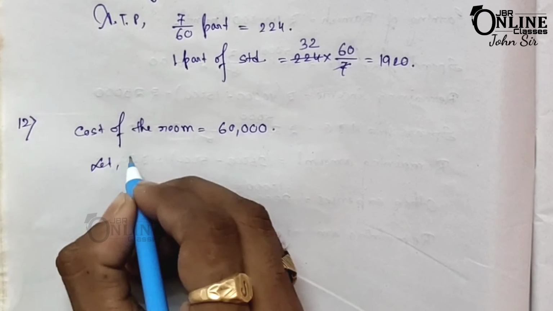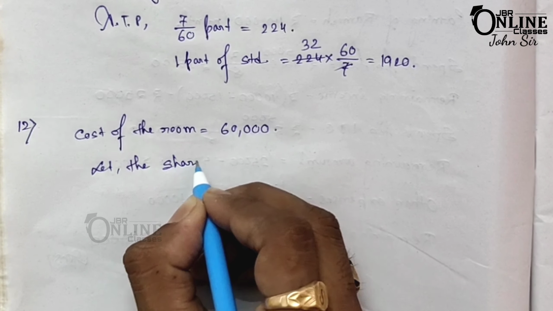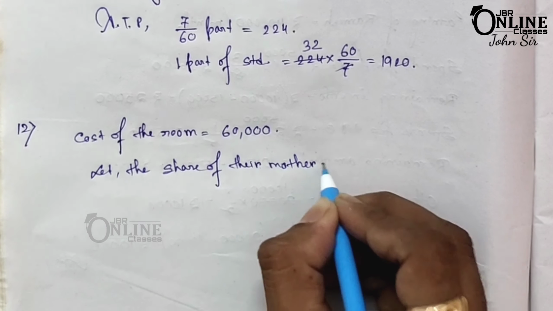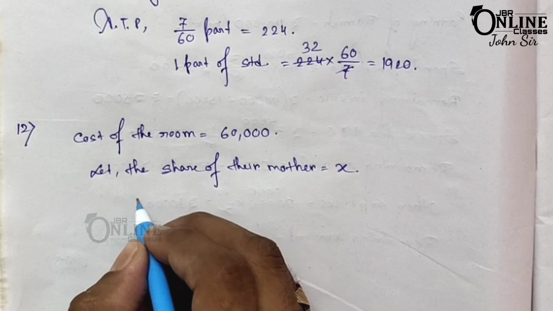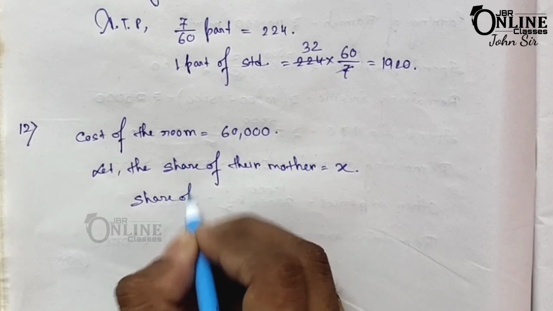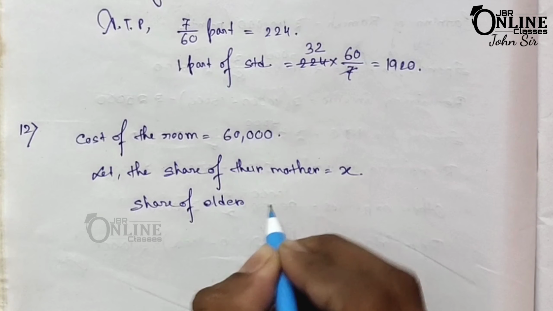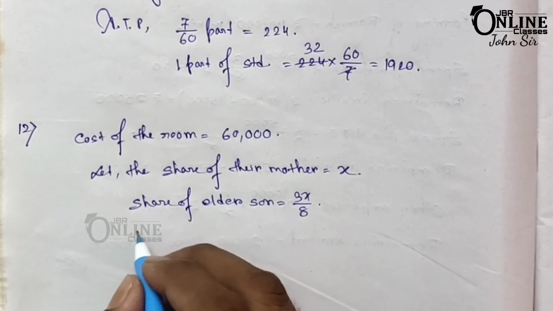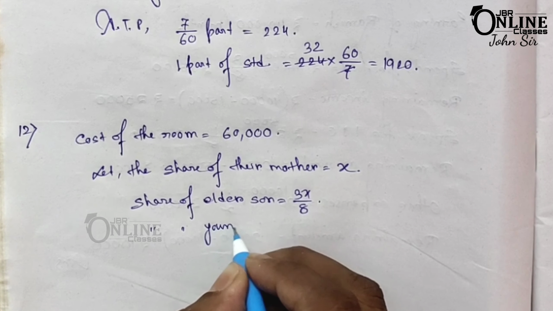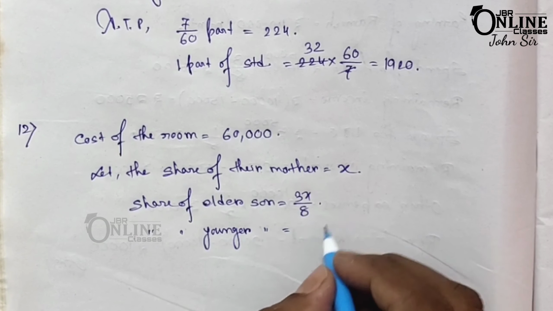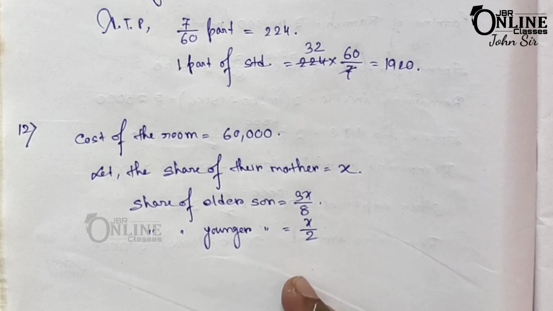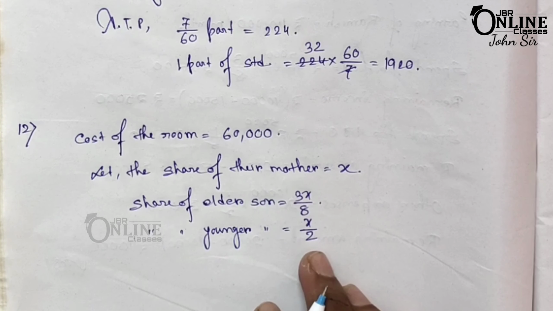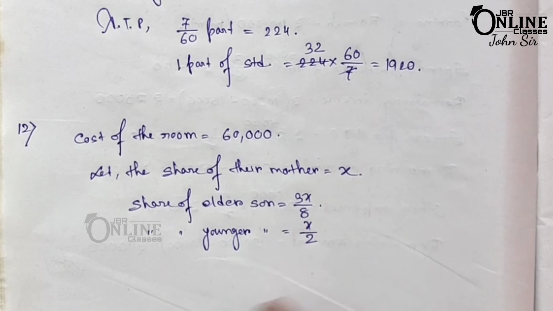So let the share of their mother be x, then the share of the elder son equals 3 by 8, so 3x by 8, and the share of the younger son equals half, so x by 2. That is the share of the mother, that is the share of the elder son, and this one is the younger.